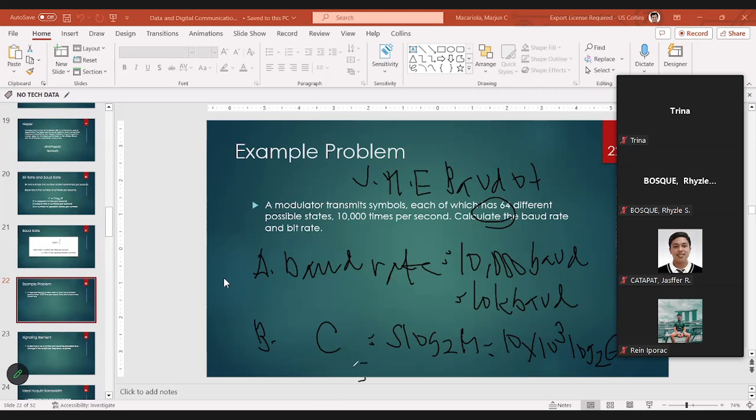Compute. The answer is 60,000, or equal to 60 kilobits per second. Again, the unit of bit rate is kilobits per second.